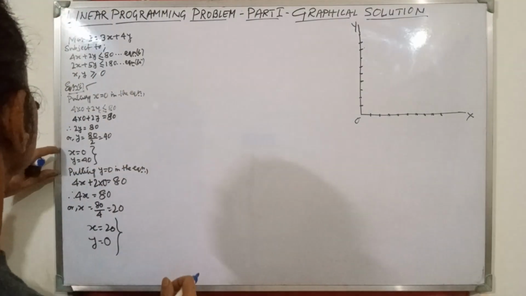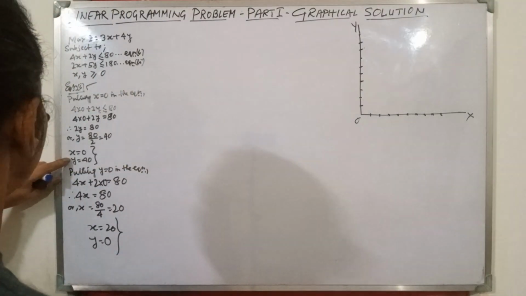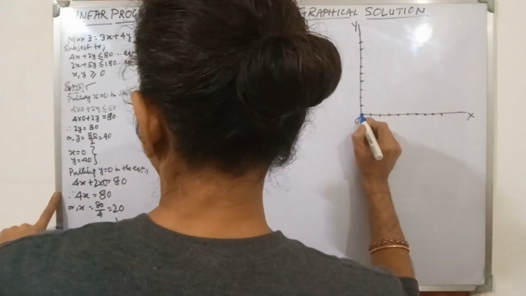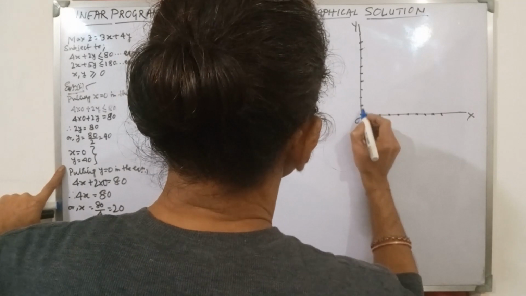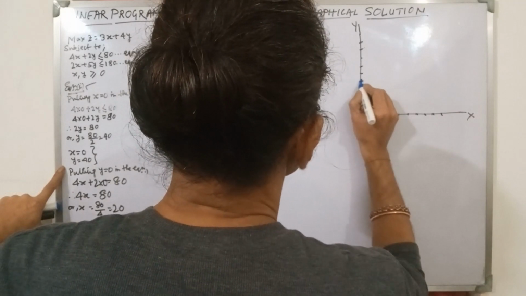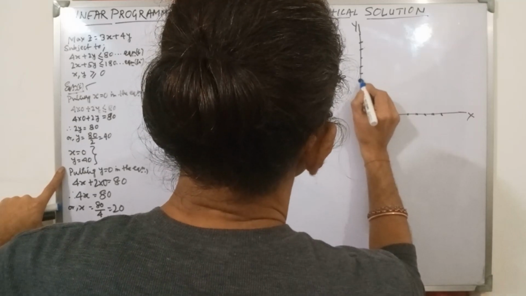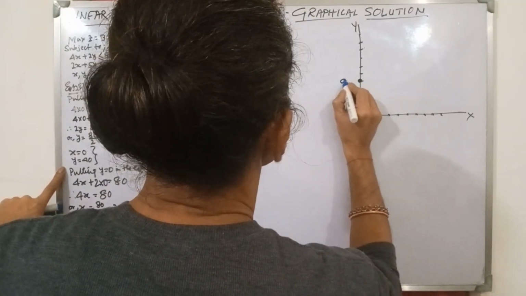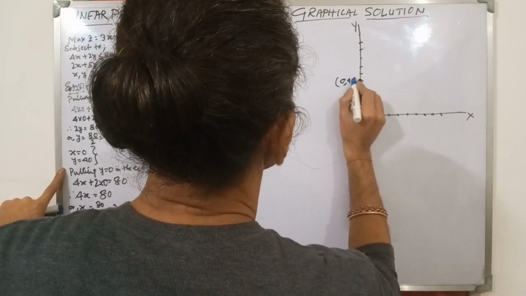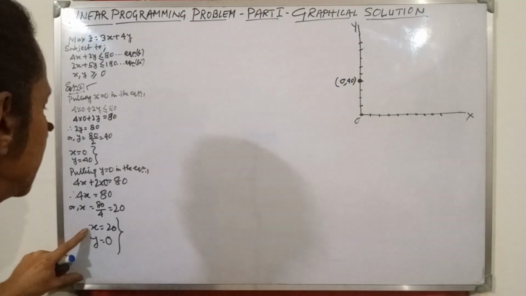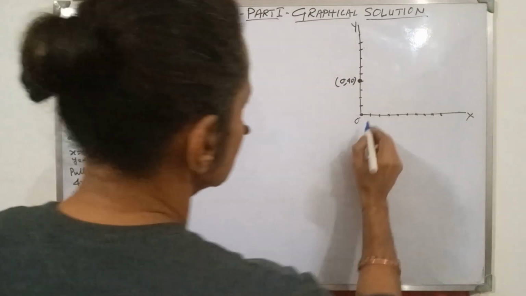So the points are 0, 40 and 20, 0. First point: x is 0, y is 40. So this is the coordinate 0, 40. Next, x is 20, y is 0.